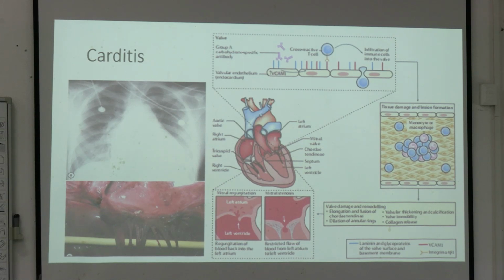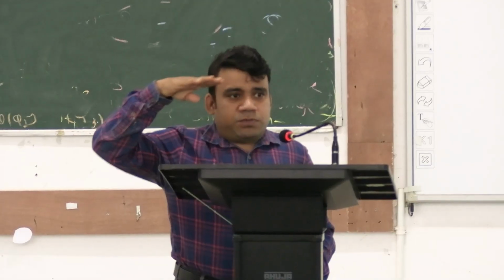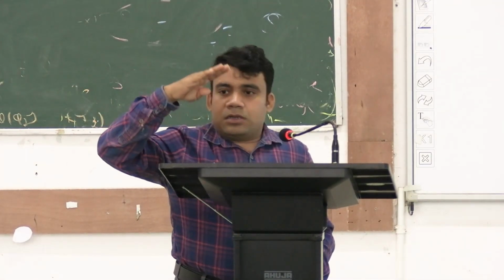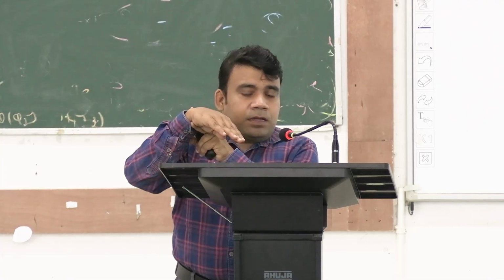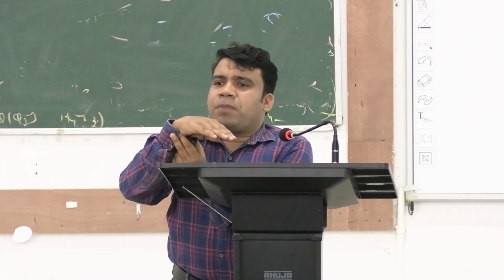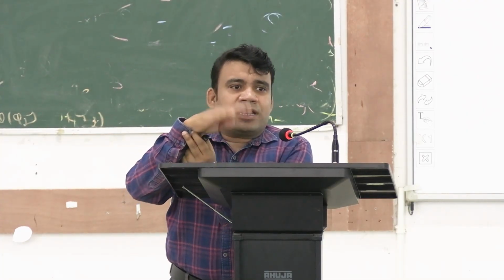Do you have any idea of stenosis or regurgitation? No. Stenosis means? So, what is the normal function of the cardiac valve? It must open and close, right? Now, whatever movement happens is because of the chordae tendineae. If the chordae tendineae does not become pliable, that means it does not allow any movement.